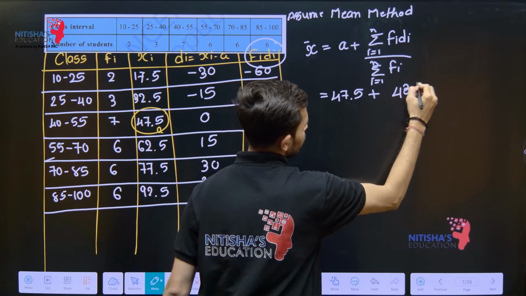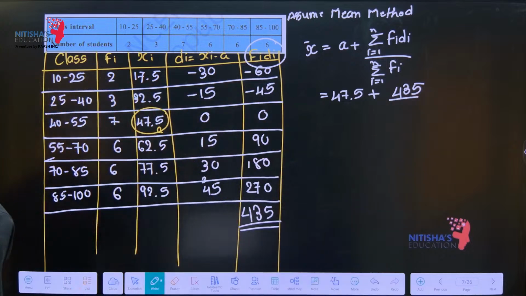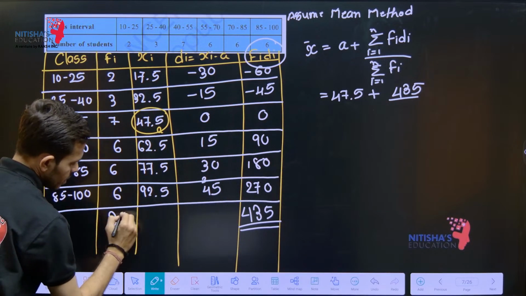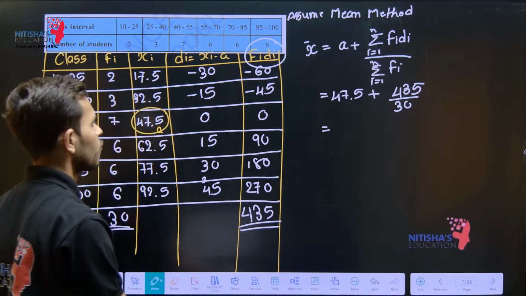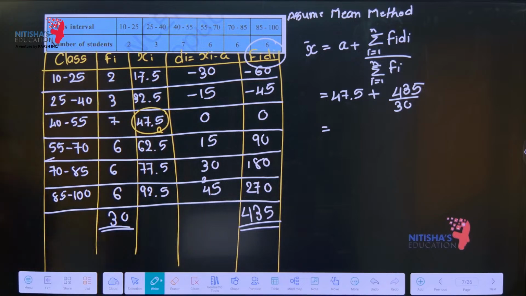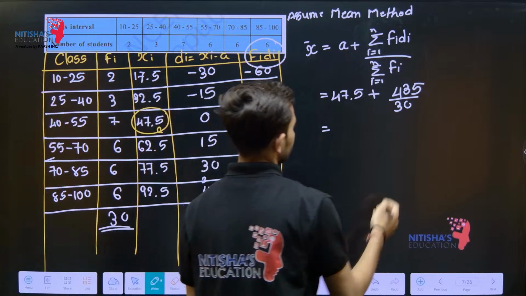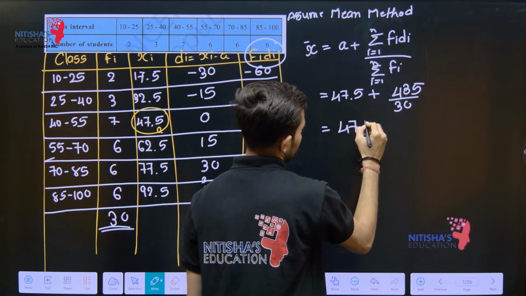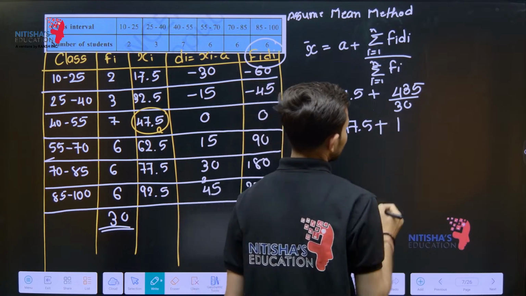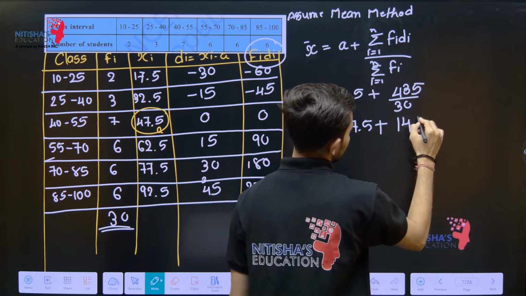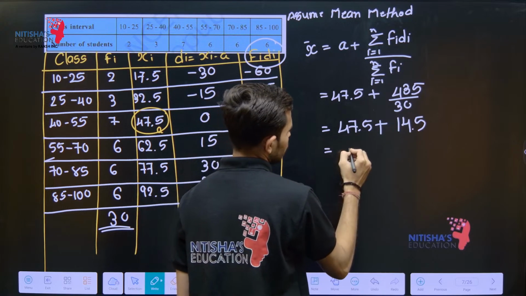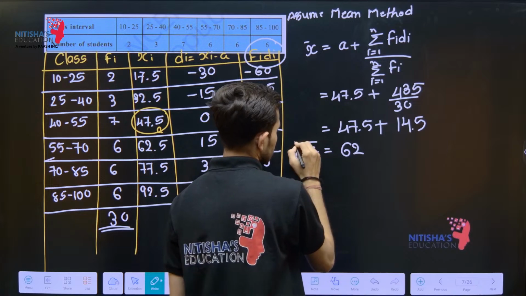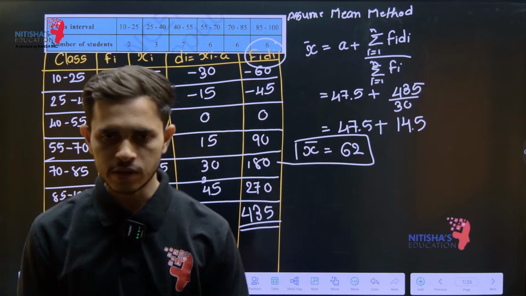And if we add fi, then we will get 30. So sigma fi is 30. Now 435 divided by 30, let's divide it. It's 14.5. If you add both these, 47.5 plus 14.5, then you will get 62. So the mean is equal to 62.